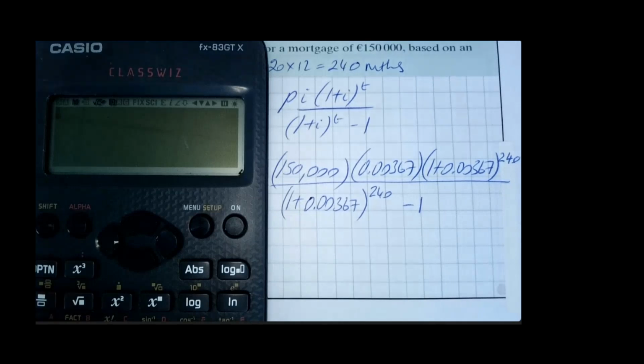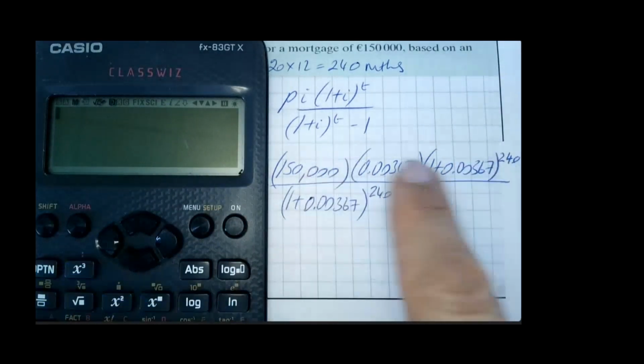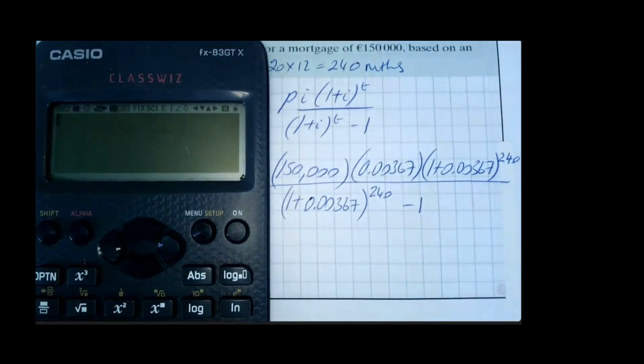It doesn't matter whether you put the 150,000 in front of the fraction or on the top of the fraction, because when you're multiplying by fractions, you're multiplying a whole number in along the top. So I'll put it to the side where it is in the log tables, 150,000, then I'll open my brackets and put in my fractions.